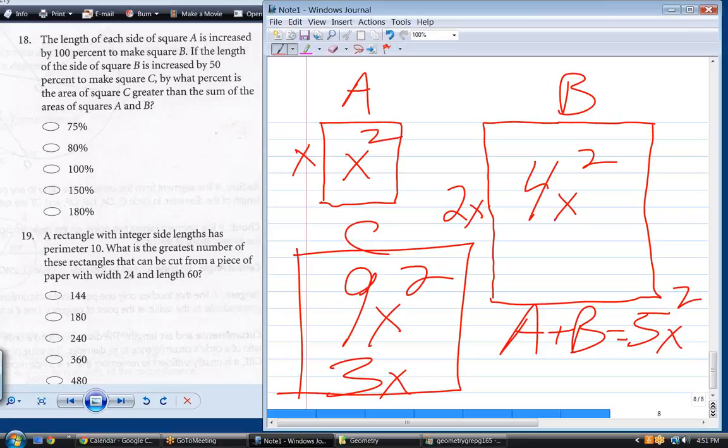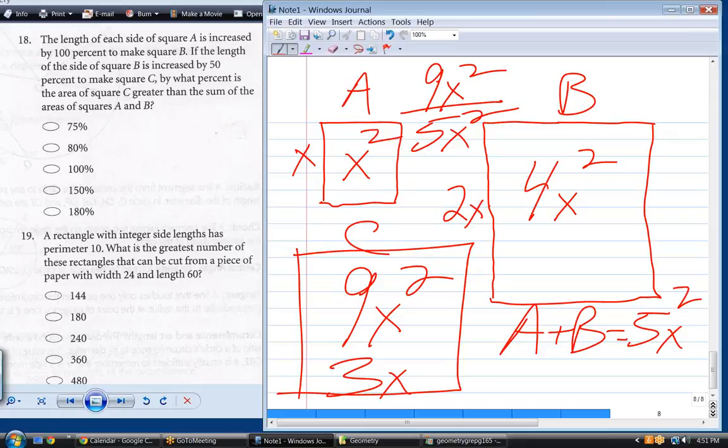So how does 9x squared compare to 5x squared? How much bigger is it? Remember, 100% is double. So this isn't quite double.